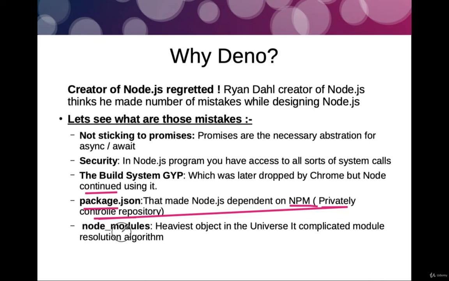Talking about node modules, it's called the heaviest object in the universe. It's a very, very famous joke in the Node.js community. It is actually so heavy that we as developers don't commit it on GitHub.